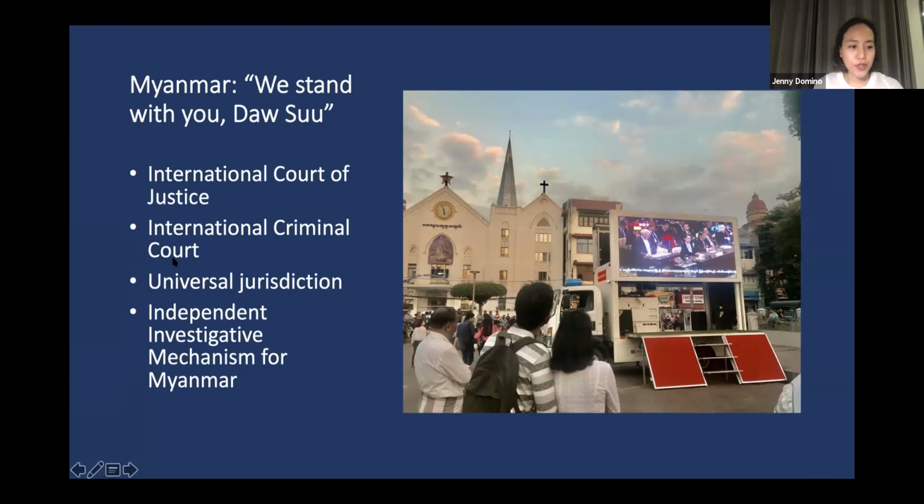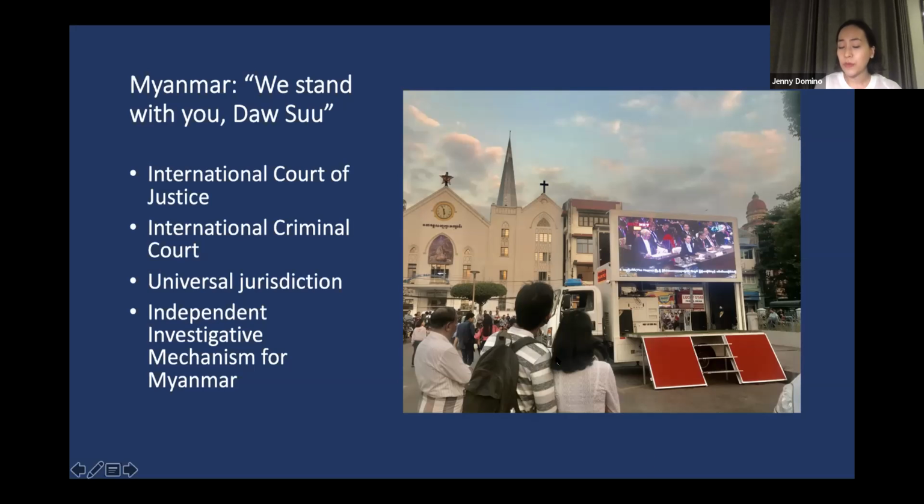The picture that you see in front of you was taken in December 2019 during the ICJ hearings for the provisional measure request filed by the Gambia. I took that photo. This photo was taken in Mahabandula Park in downtown Yangon. And this is a live stream of the hearings.